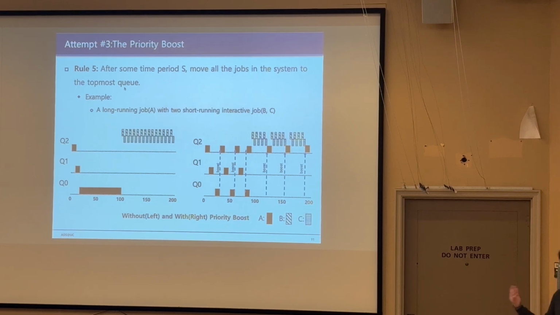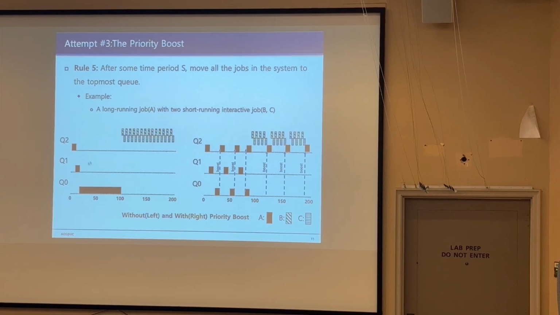Kind of a refresh. For example, we have one long-running job A with two short-running interactive jobs, B and C. Without rule 5, this is what happens. And this is what happens with rule 5.